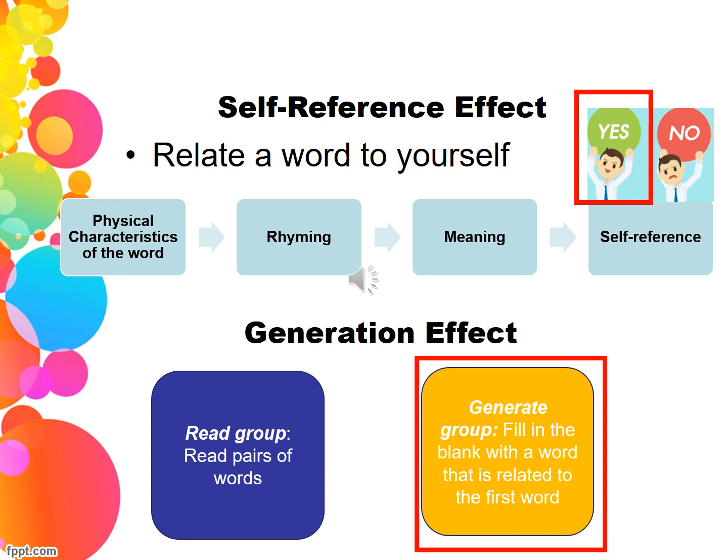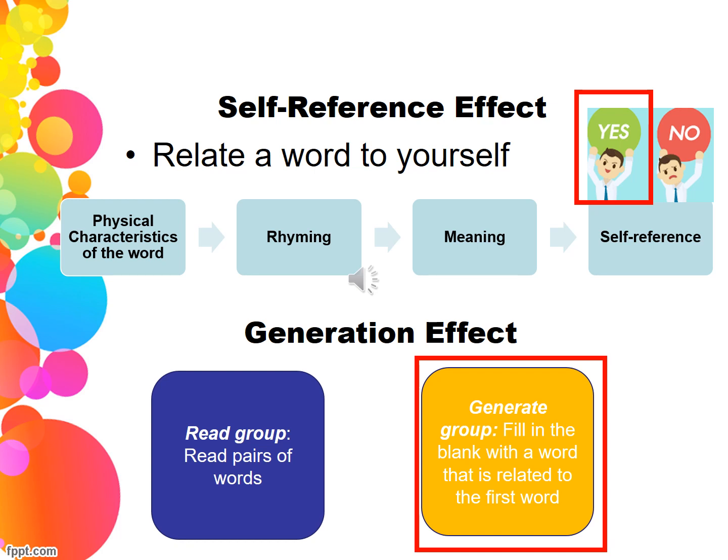Basically, when we learn words, we start from the physical characteristics: what are the alphabet letters included in this word, what is the spelling, how many letters, how many digits. After that, we learn about the pronunciation, the sound of this word.